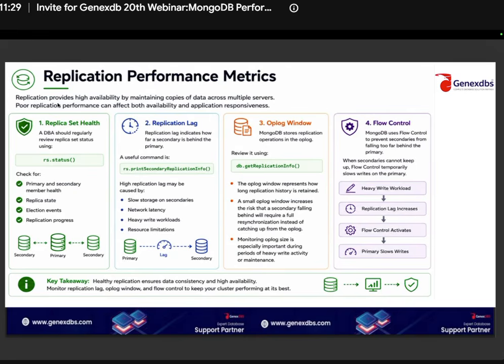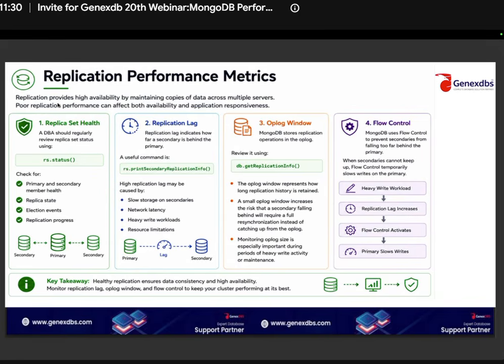The important replication metrics are replica set health, replication lag, oplog window, and flow control. Coming to replica set health, DBAs should regularly check the replica set status using the rs.status command. Using this command, we also have to check primary and secondary member health, replica state, election events, and replication progress.